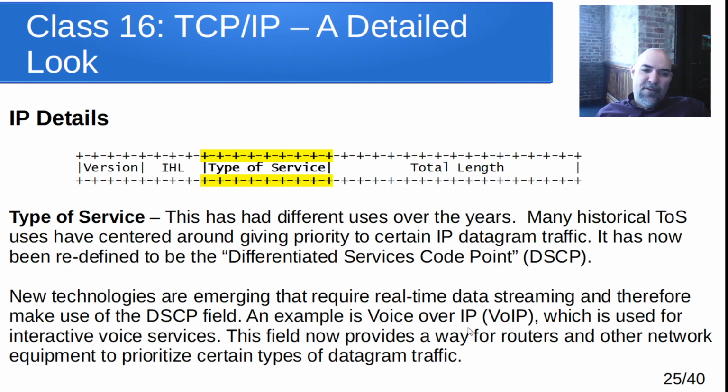It's now been redefined to be differentiated services code point, and the idea there is that, for example, voice data packets for a VoIP call are more important to handle in a real-time fashion and prioritize them over something where somebody's browsing the web. So that field now provides a way for routers and other network equipment to prioritize certain types of traffic over other types of traffic. So it's used for quality of service adjustments in certain routers.